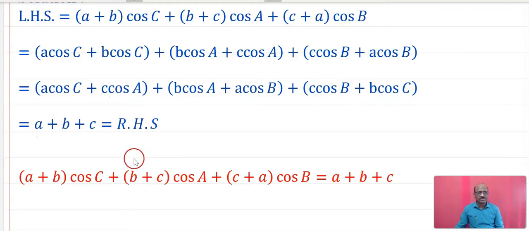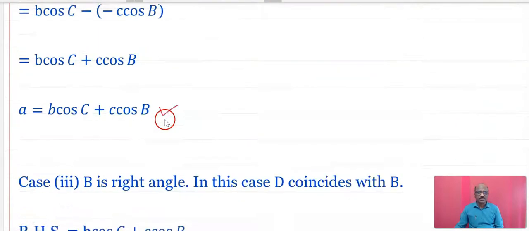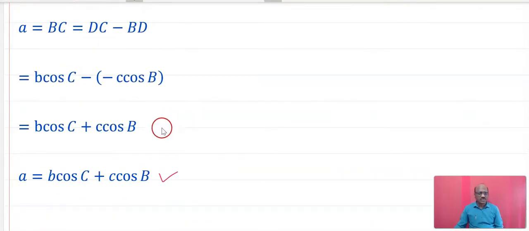Hence we have a + b + c, which equals the RHS. Hence you should remember all these projection rules.